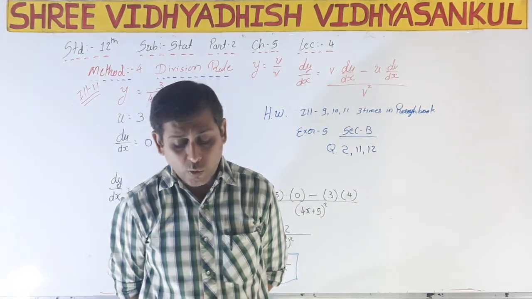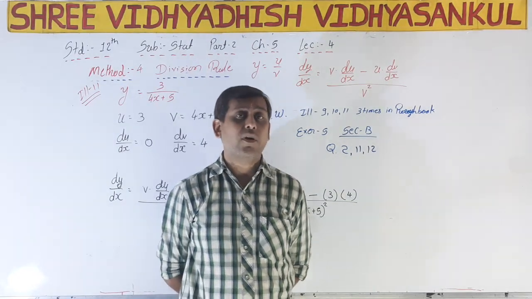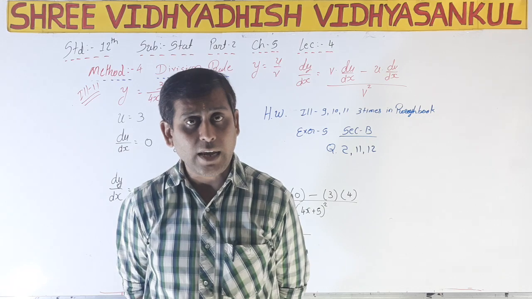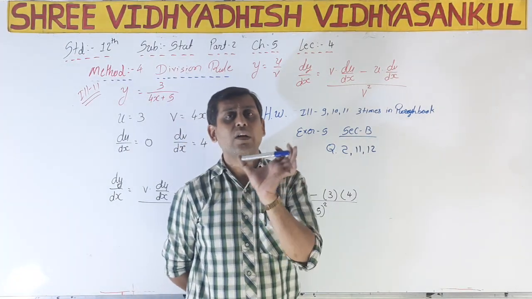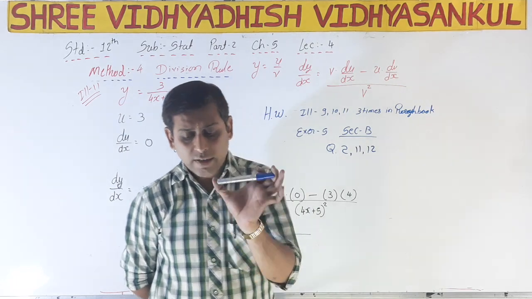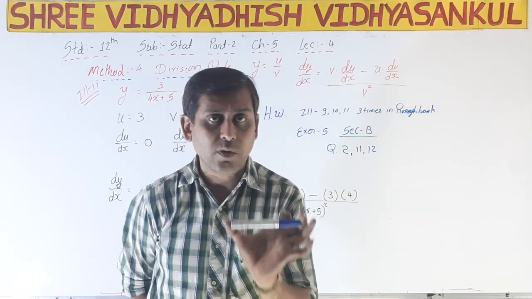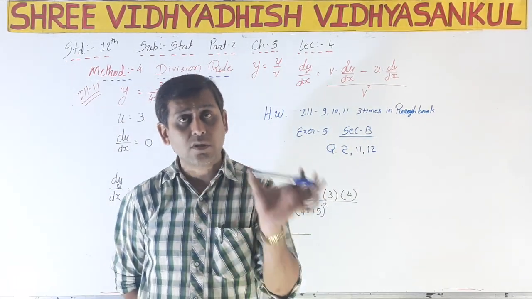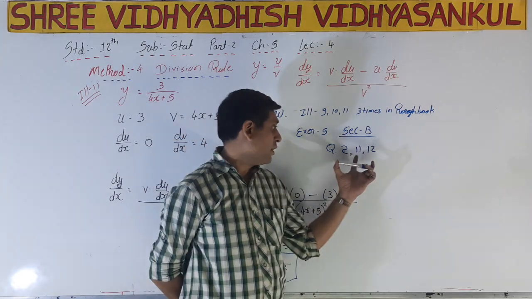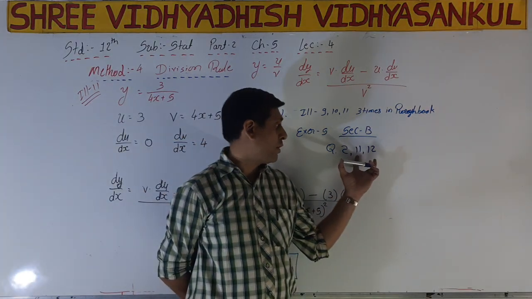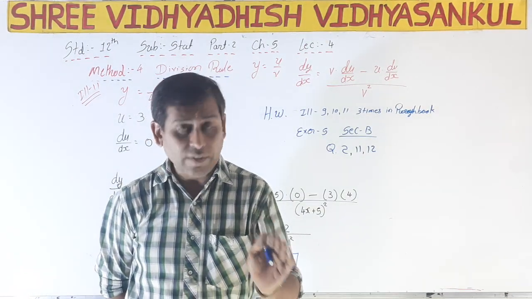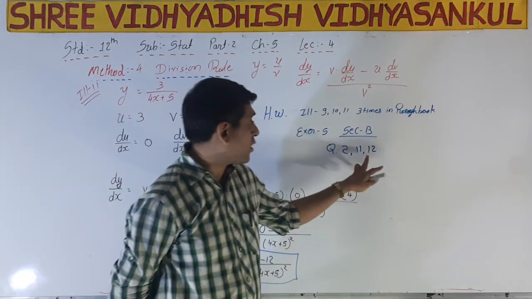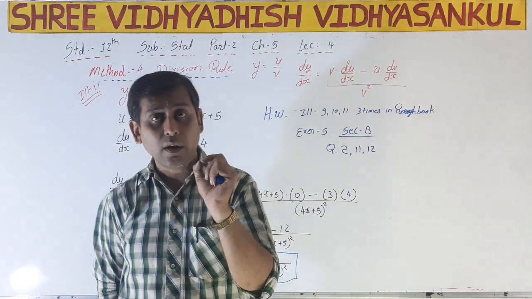But in this question f of x is given and we have to write down f dash x. That is just the same; we have to find the differentiation of 7x square minus 6x plus 5. That's why question number 11 is as per illustration number 7. Question number 12 is as per illustration number 8.